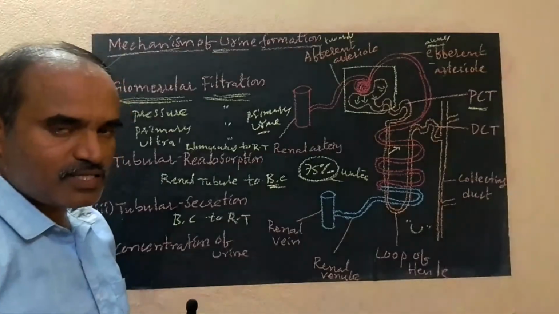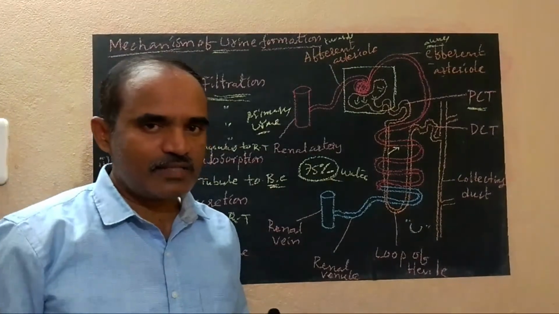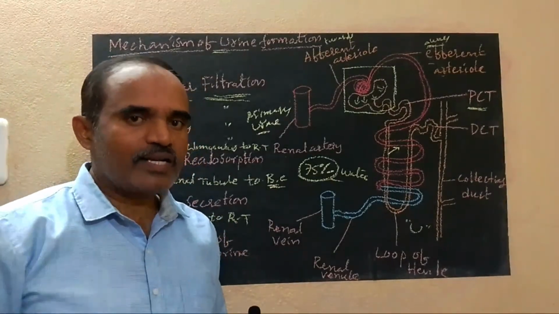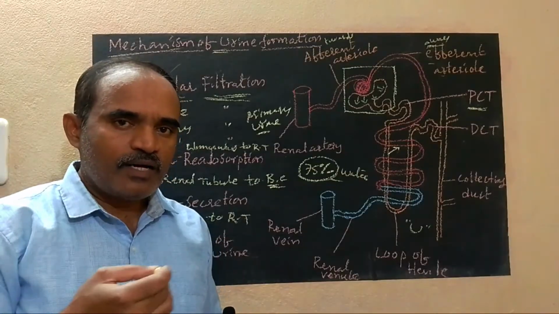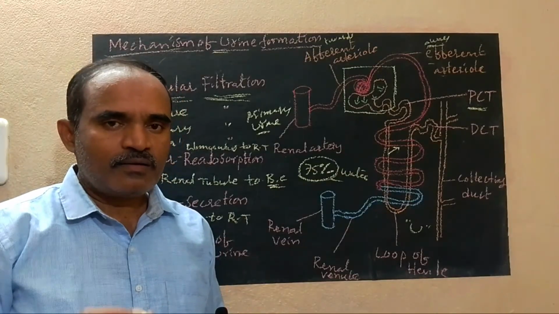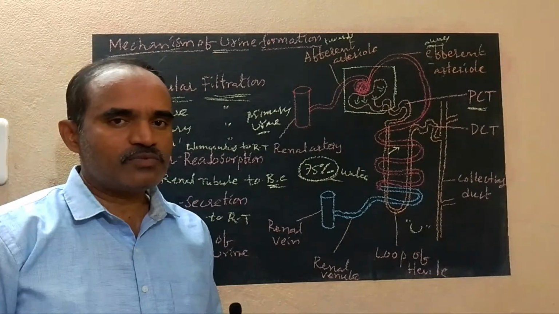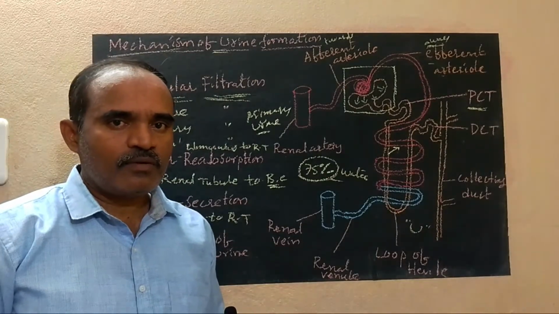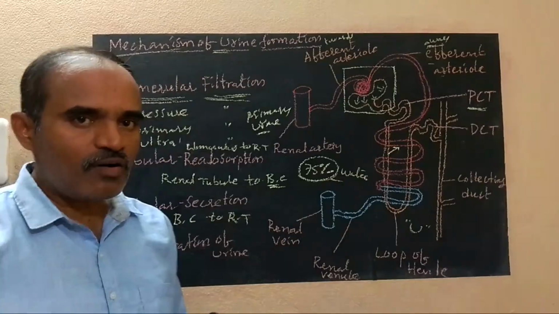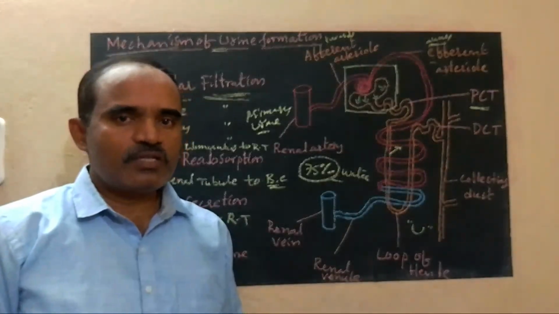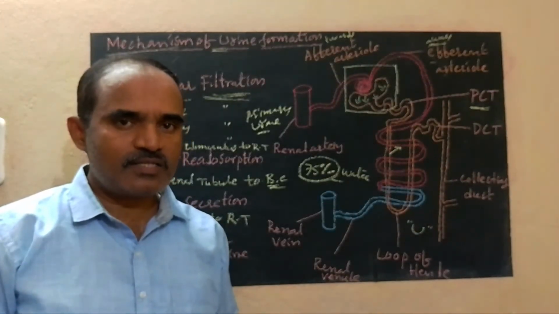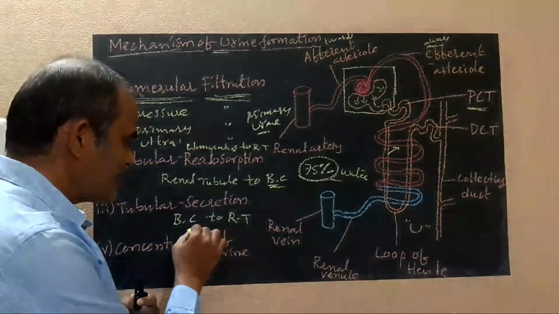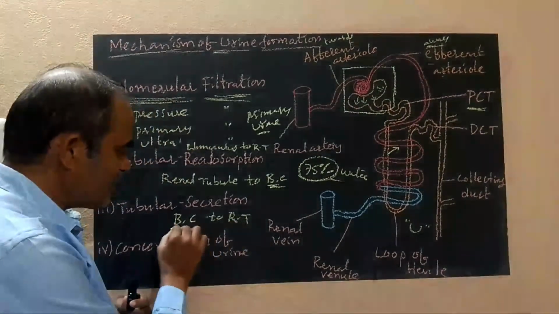Unuseful substances like urea, uric acid, creatinine, and excess ions like potassium, sodium, hydrogen ions, all the unused substances are secreted into the renal tubule from the blood capillaries.